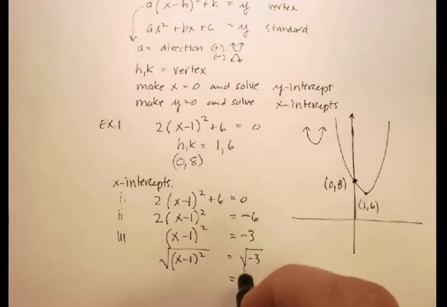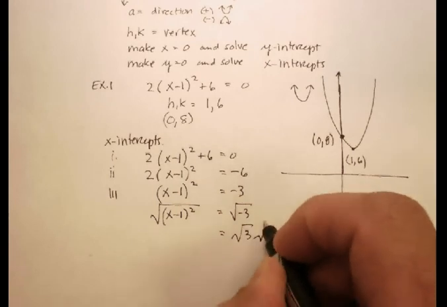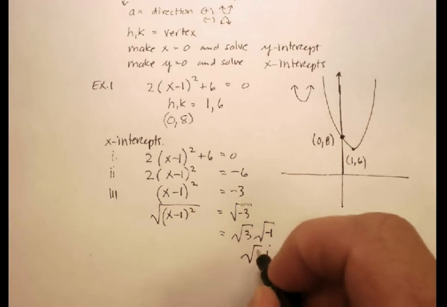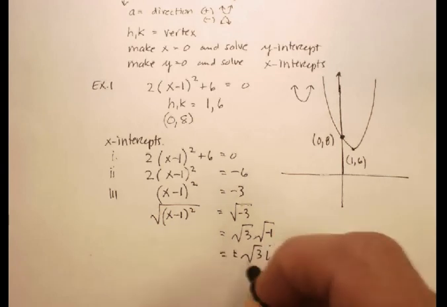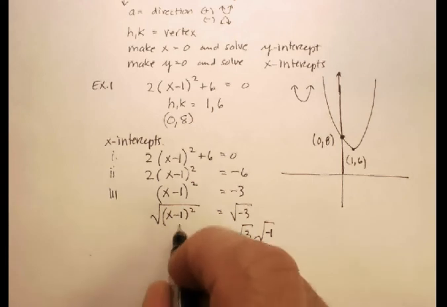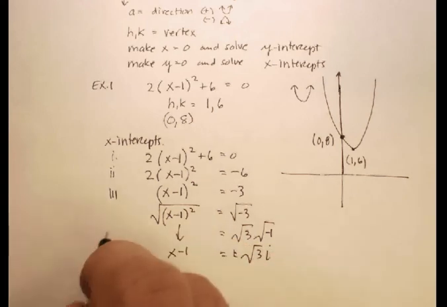Remember, when you have the square root of a negative number, you need to break out the negative 1 and call it i. So what I have here is plus or minus 3i. And over here I've gotten rid of my square, so bringing that down, I just have x minus 1.